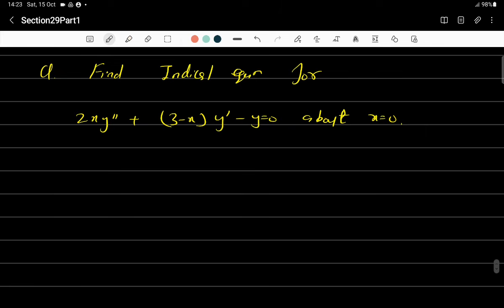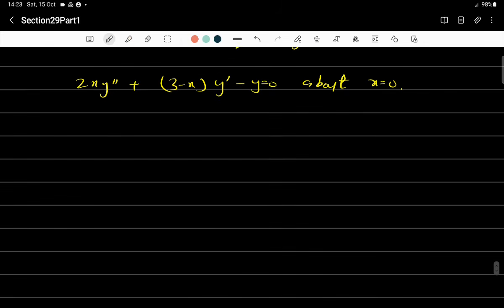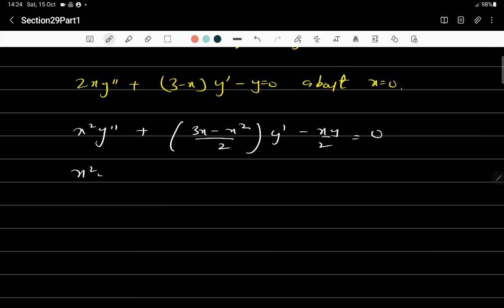So now this is the given equation for which we have already found the indicial equation, but using this method I must multiply it by x and divide it by 2. So it becomes x square y double dash plus 3x minus x square by 2 y dash minus xy by 2, or I can write it as x square y double dash plus x times (3 minus x by 2) y dash minus x by 2 y.